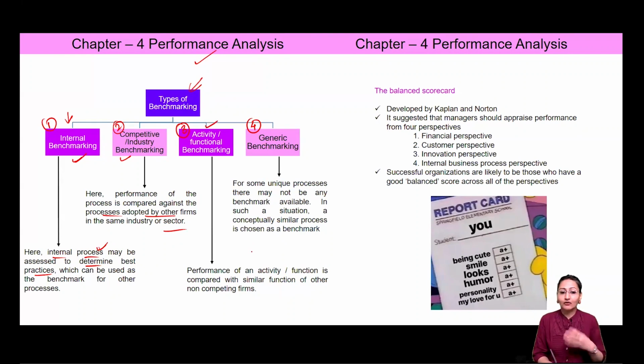Then activity or functional benchmarking, where an activity or a function is compared with a similar function. For example, you can compare your quality check department with the inspection department. So inspection happens for machineries, quality check will happen on products. Maybe you can check what are the systems with which a machinery's performance is checked.